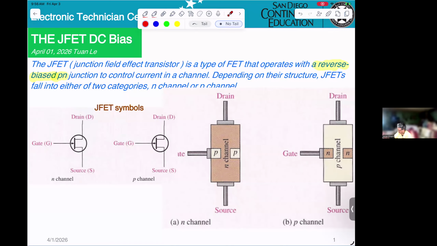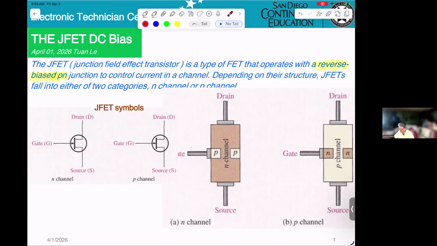Depending on their structure, they fall into either two categories, N channel or P channel. This is the symbol for N channel, and this one for P channel. Same thing you can see: this is the gate, the drain, and the source.